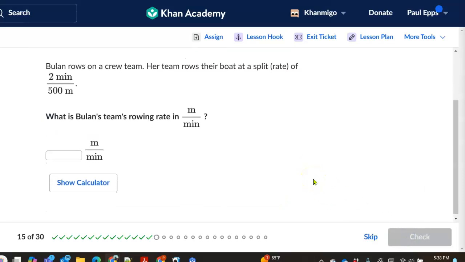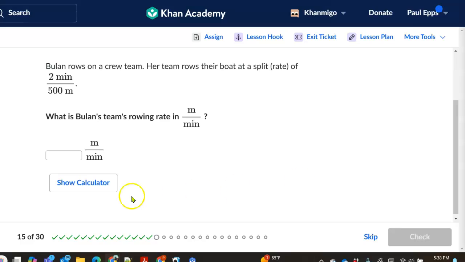Bulan rows on a crew team. Her team rows their boat at a split rate of 2 minutes for 500 meters. What is the rate in minutes per meter?